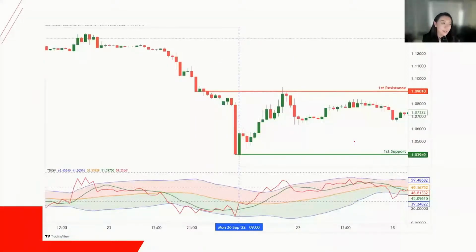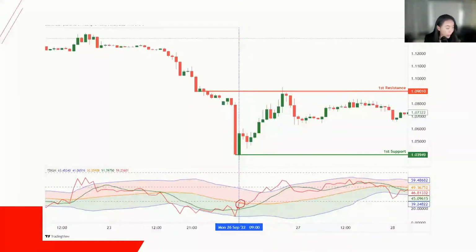Okay, let's go to the next example. Here is another example. Same thing. Let's find the first resistance and first support. For this one, I want to give you guys a clearer explanation, so I'm just using one resistance and support. You can see here, the red line is crossing the orange line from below.